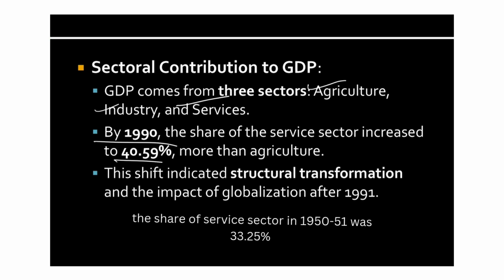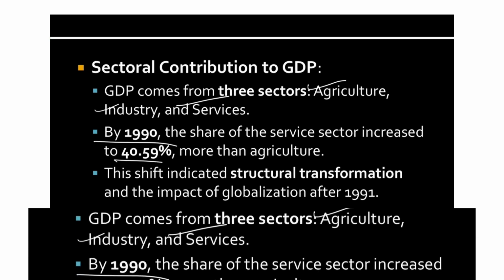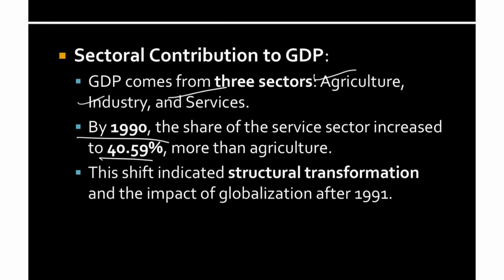Before, during the 1950s, agriculture's share was the most. So over the 4 decades, the service sector increased. This, however, indicates the structural transformation that came about and the impact of globalization after 1991. That we'll be discussing in the next chapter. Okay.